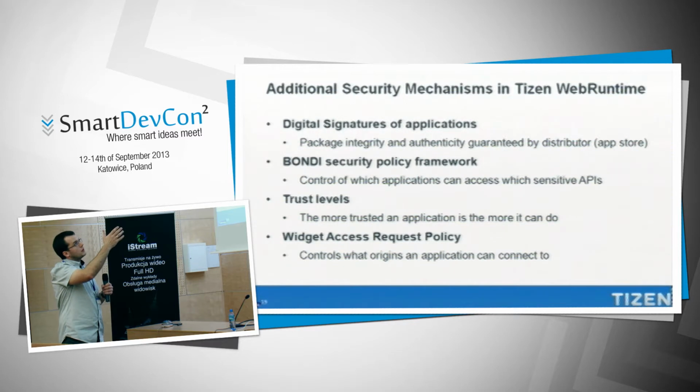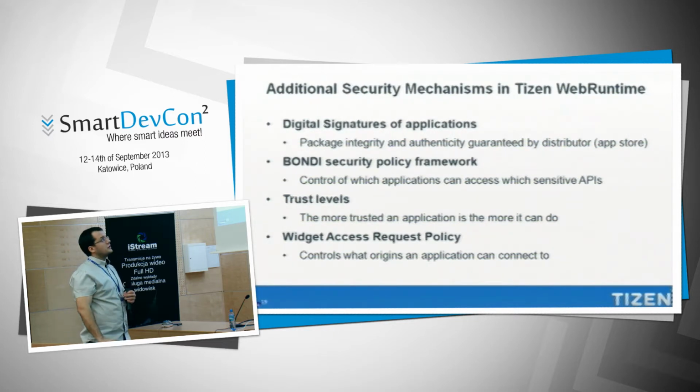Another mechanism is the Bondi security and policy framework. It uses digital signatures to divide applications into those that are trusted and those that are not trusted.